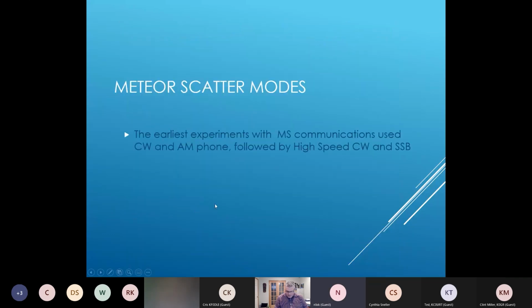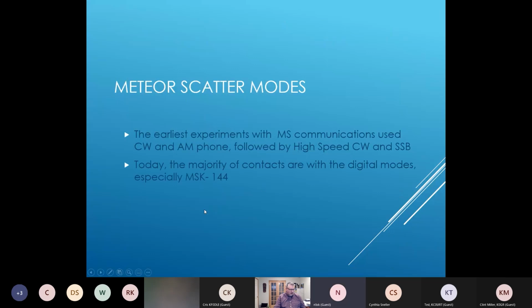The modes I indicated earlier, the earliest experiments with meteor scatter used CW and AM phone. You'd have to talk really fast, which is what you did. People also tried really high-speed CW. Well, it was a challenge, no doubt.